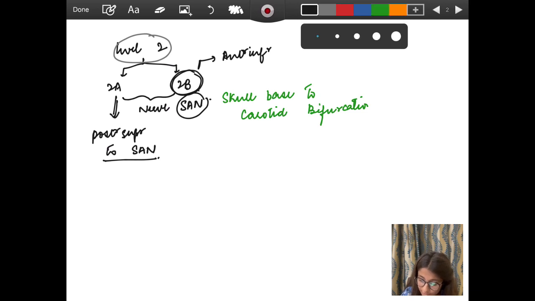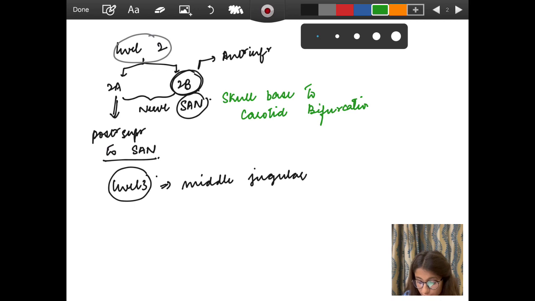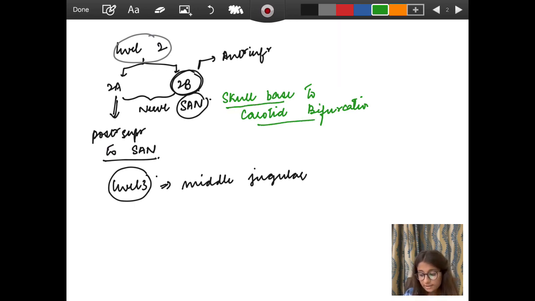Now, coming to level 3. As we discussed, it is the middle jugular group of lymph nodes. Level 2 was from the skull base to the carotid bifurcation. Level 3 is from the carotid bifurcation to the omohyoid muscle.